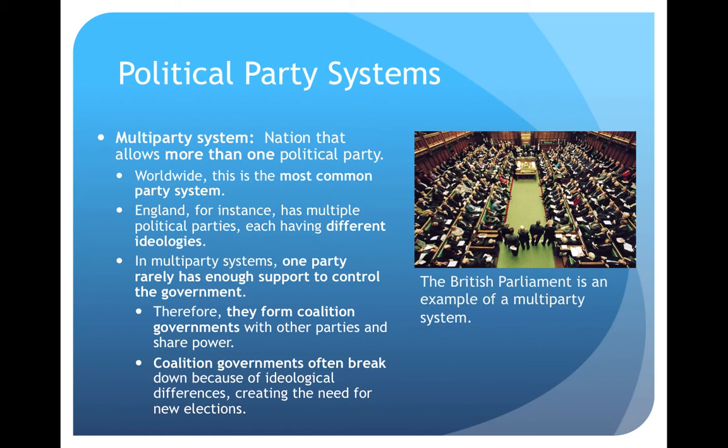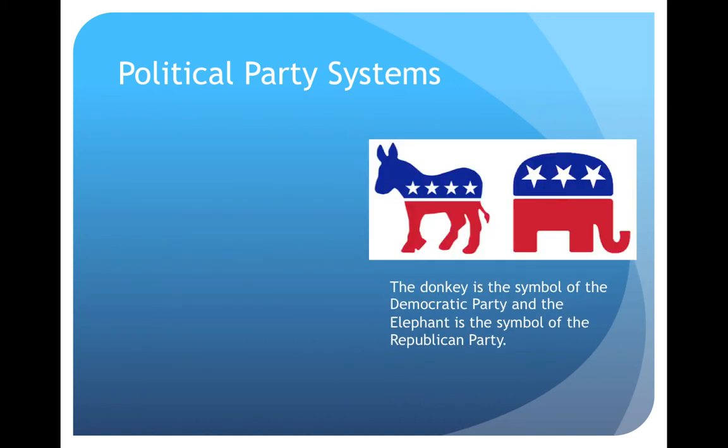So basically, unlike the political gridlock that you might see in this country, in a country with a parliamentary system, if they can't reach agreement, they dissolve the government and hold new elections. The United States has a two-party system.